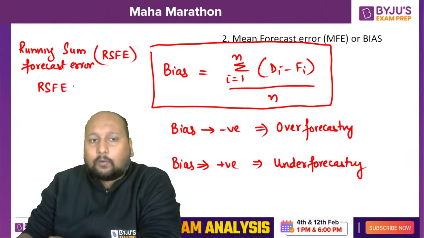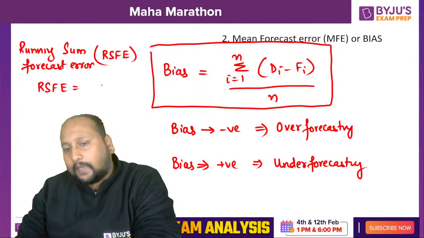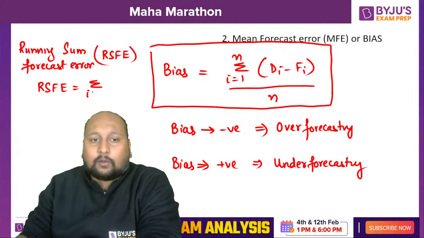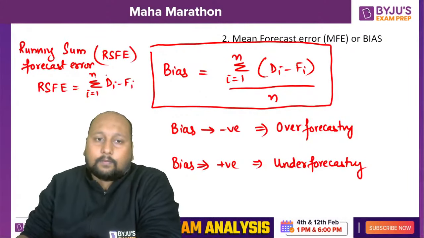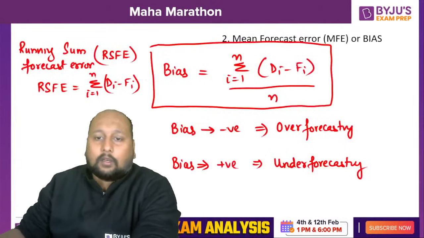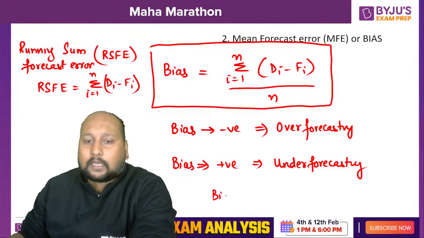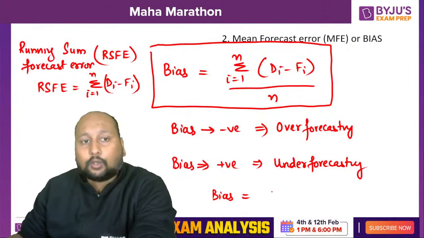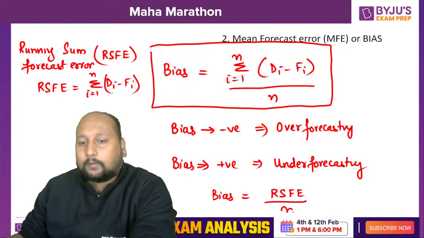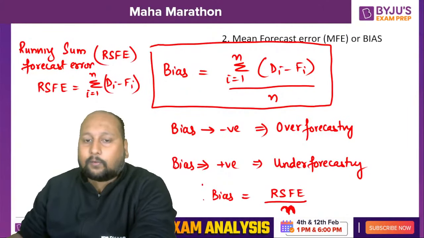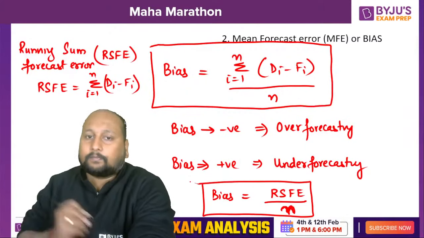RSFE is equal to the numerator of bias, that is, the summation of i equal to 1 to n of di minus fi. Or we can say that bias can also be defined as the ratio of running sum of forecast error divided by n. Is this clear? We can calculate this by using this formulation also.